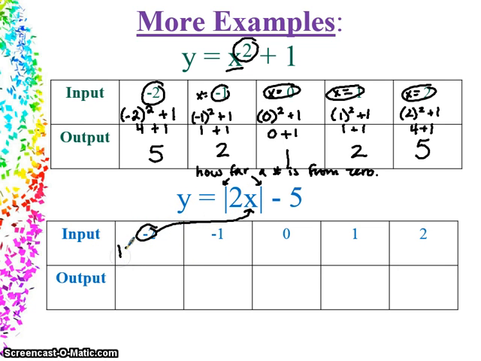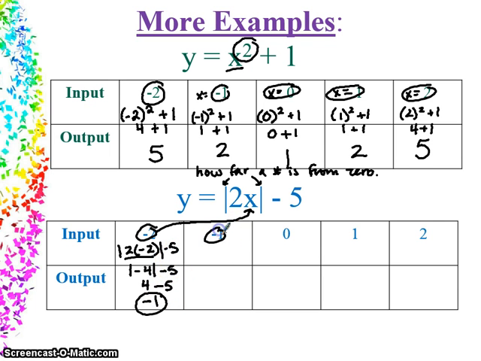So we have the absolute value of 2 times negative 2 minus 5. Absolute value is a grouping symbol, so we have to do what's inside first. We have the absolute value of negative 4, minus 5. So we still have the absolute value symbol, so how far away from 0 is negative 4? It's 4 away. And 4 minus 5 makes negative 1. So an input of negative 2 outputs negative 1.